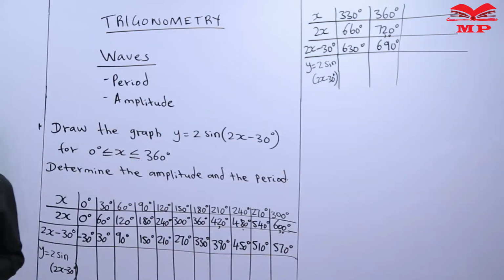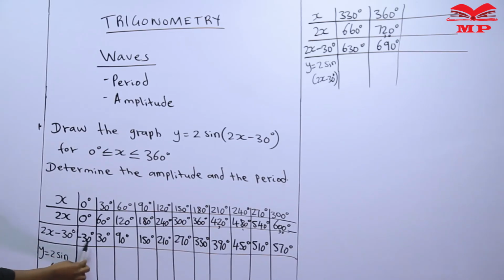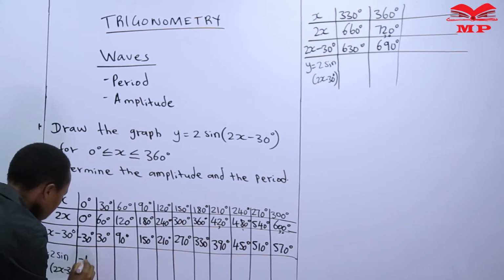Then after that, now we get the value of y, which is 2 sine whatever we've gotten here. So we'll have 2 sine negative 30, which we are going to have as negative 1.